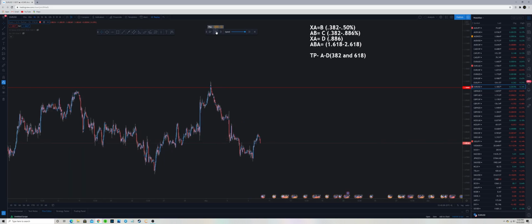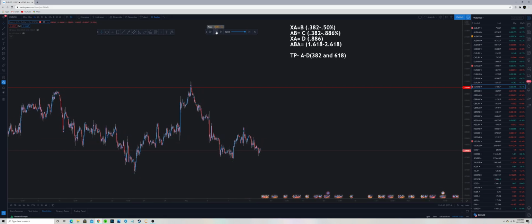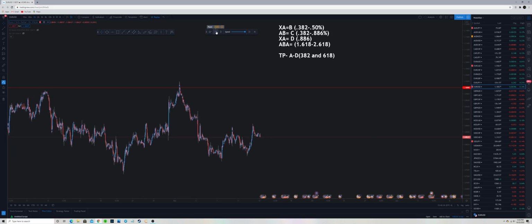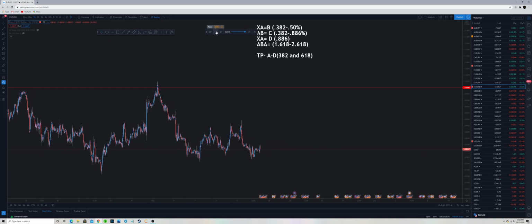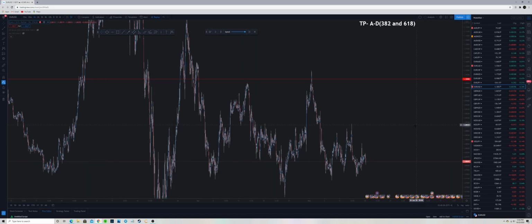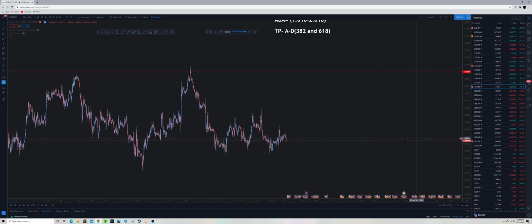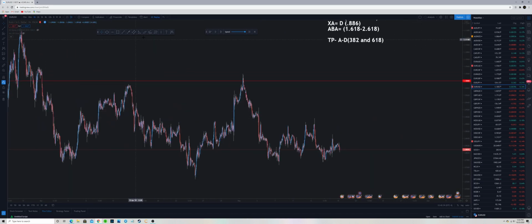Price is making what seems to be a retracement upwards. So right here, first things first, this is our swing high, and this is our swing low, which is our high point, low point.